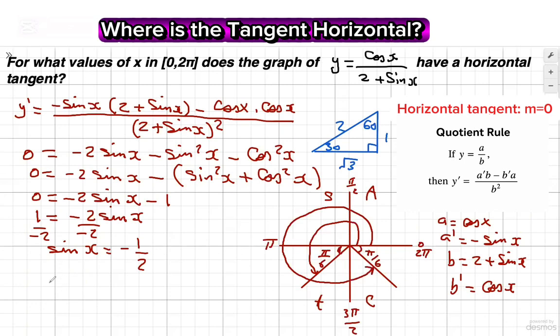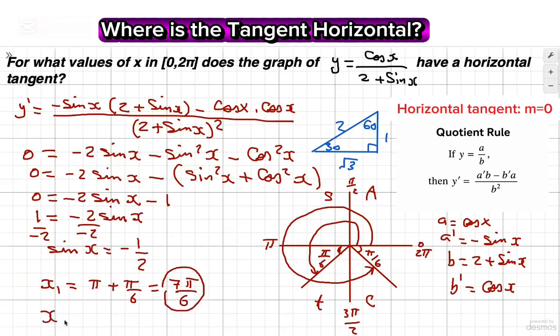So the first angle here, if we want to call it x1, you go all the way to pi and just add that little pi over 6 right there. And if you're doing common denominator, that's 6 pi over 6 plus pi over 6 equals 7 pi over 6. So that's the first answer right here.